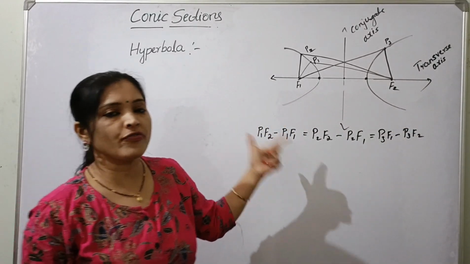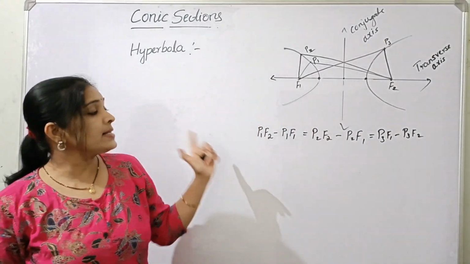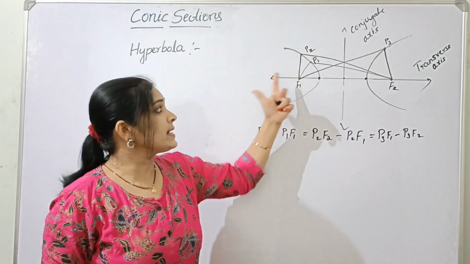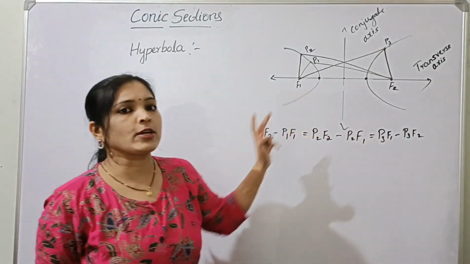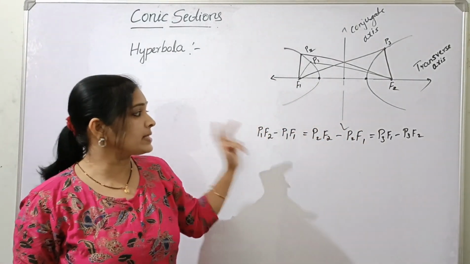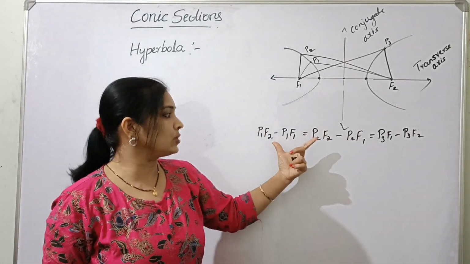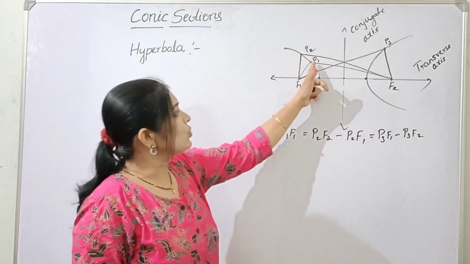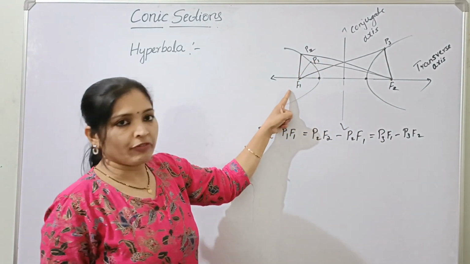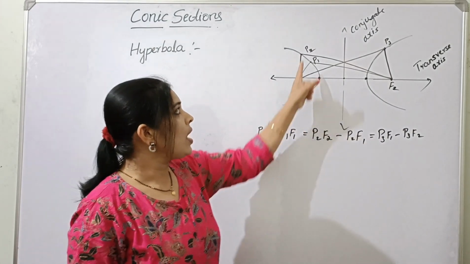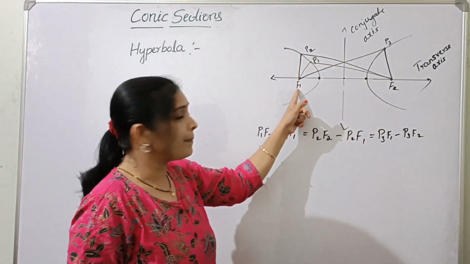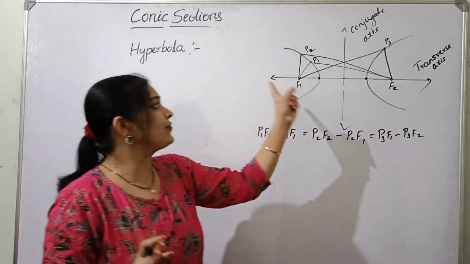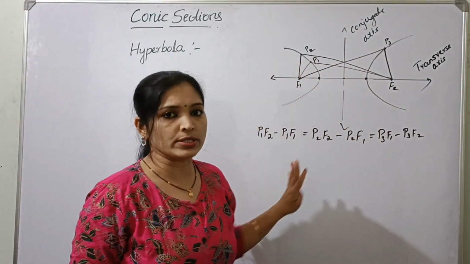This is the definition of the hyperbola: the set of all points the difference of whose distances from the two fixed points is a constant. P1F2 minus P1F1 is equal to P2F2 minus P2F1, that is, the difference of whose distances from the two fixed points is a constant.